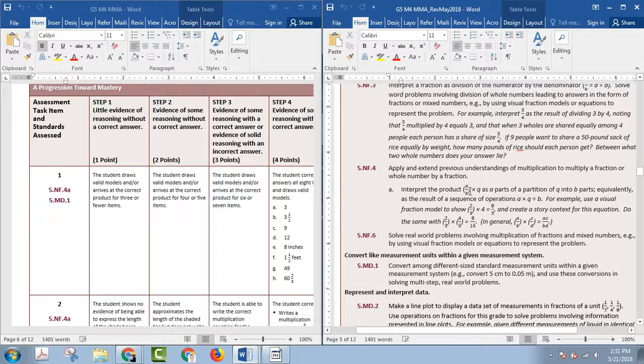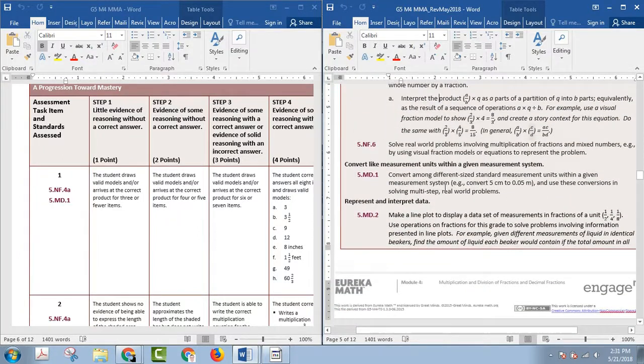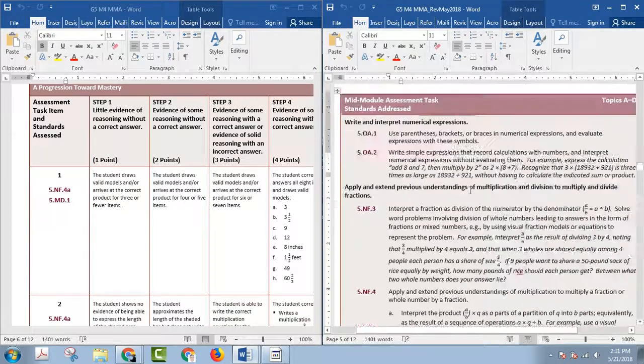That means interpreting the product of a over b times q as a parts of a partition of q into b parts; equivalently, as the result of a sequence of operations, a times q divided by b. For example, use a visual fraction model to show the product. So that's NF.4. And then MD.1 is converting among units. So I'm going to guess this item is going to be converting units using fractions times whole numbers and fractions times fractions.